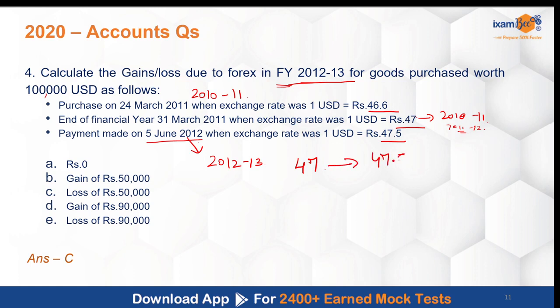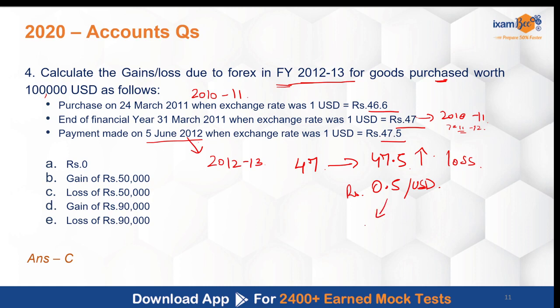and when the payment was done, it has moved to 47.5. An increase in the exchange rate is a loss. Why? Because we have purchased, we have to make the payment, so we have to make a higher payment. So there is a loss of 0.5 rupees per USD while making the payment in the 12-13 year.